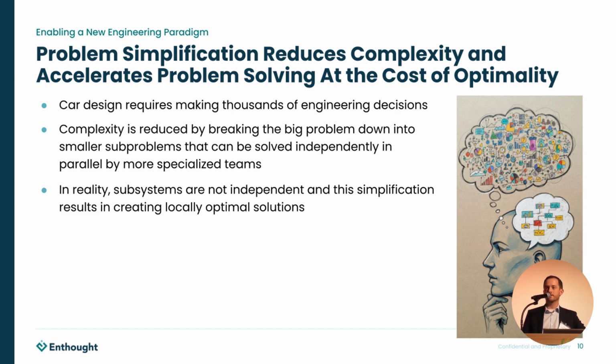The solution is constrained by the organizational structure used to create it. And we've decided to trade optimality for speed and simplicity. However, today, AI and other digital technologies are helping us tackle complexity, which allows us to make fewer simplifying assumptions and effectively seek out and find more globally optimized solutions.